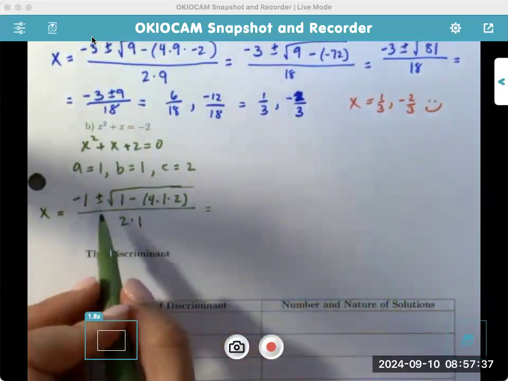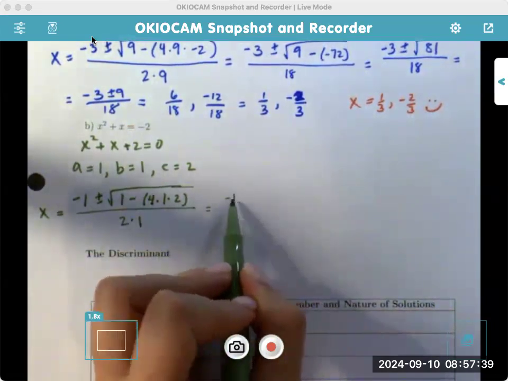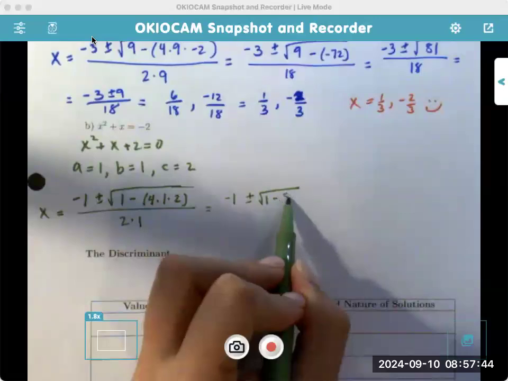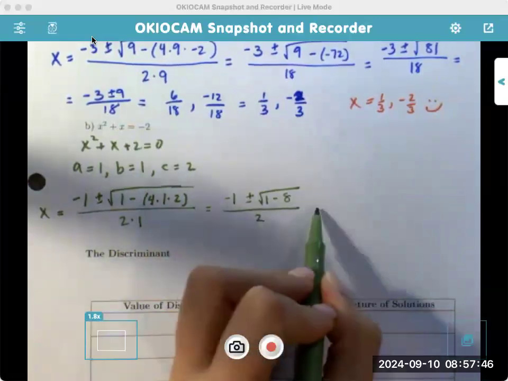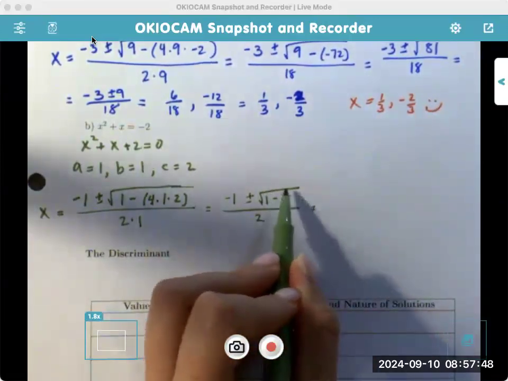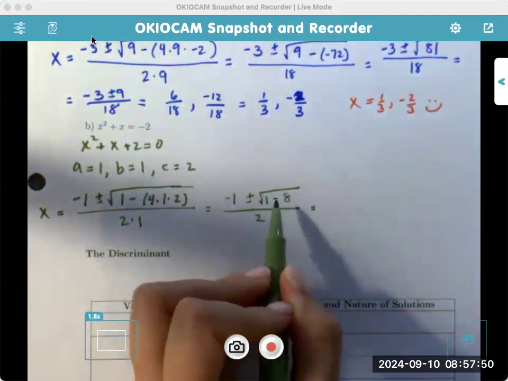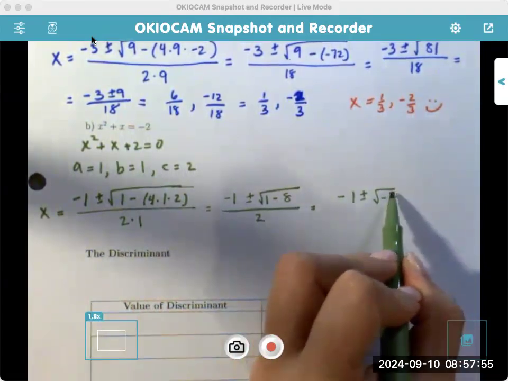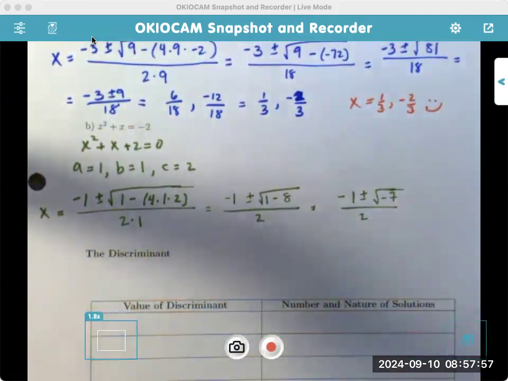And now we just simplify. So this is -1 plus or minus the square root of 1 minus 8 over 2. But hopefully you have a red flag that's popping up right here. That's -1 plus or minus the square root of -7 over 2.